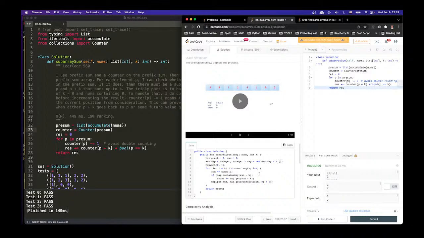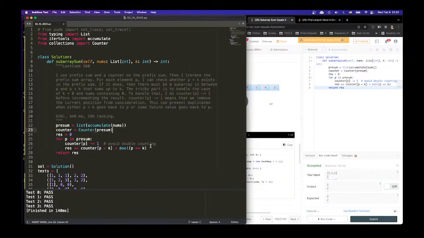So next one, 0 minus k is 0. So which means previously we have 2 zeros, and that plus 1, I have 3 zeros, and last one has 3. This is actually cleaner. We don't have to worry about this.